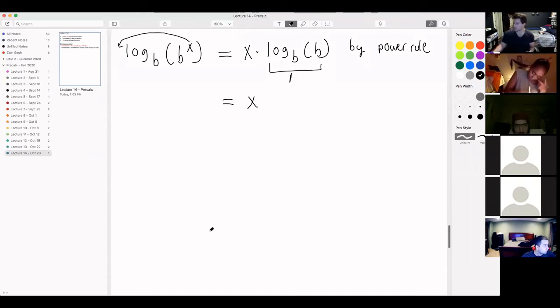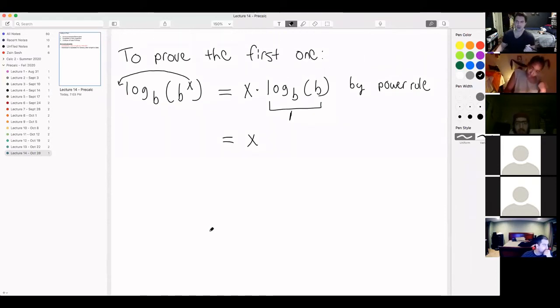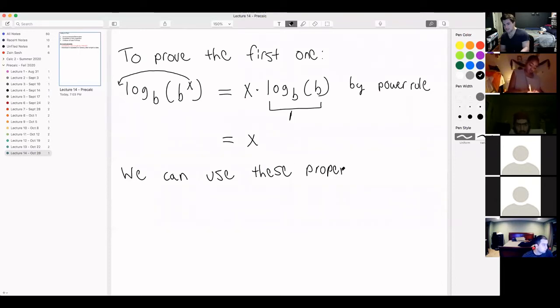Good. Okay, so why do we care about these inverse properties? Meaning, what are they useful for? Well, we can use these properties to find inverses of exponential functions.